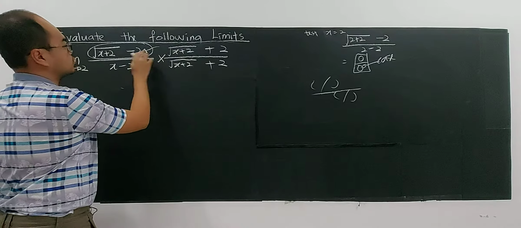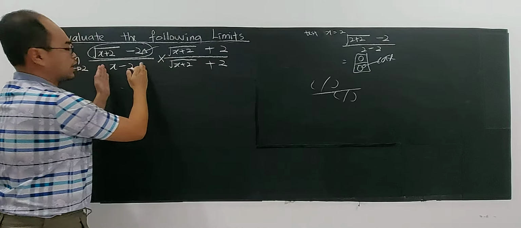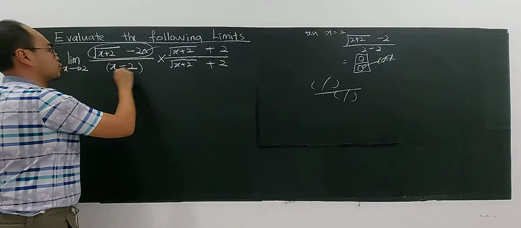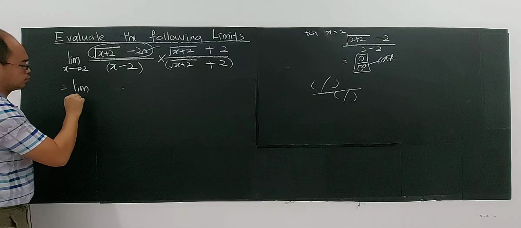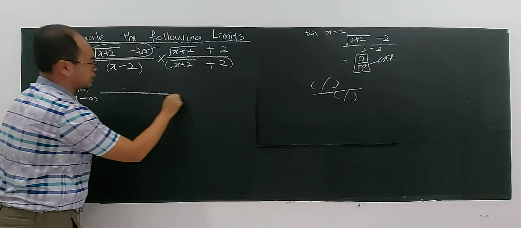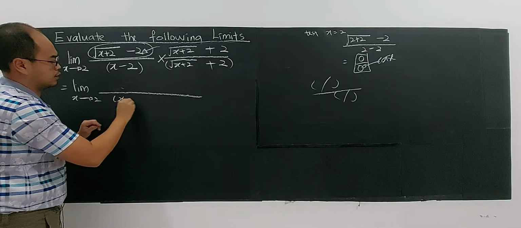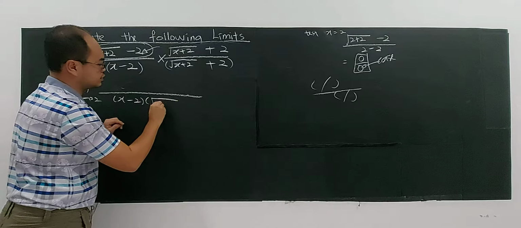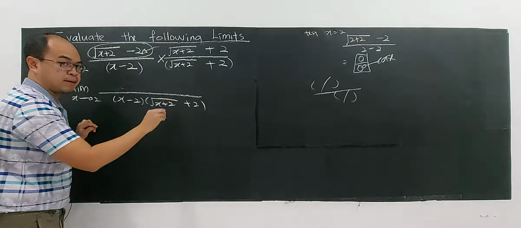So these 2 are one pair. They are a conjugate pair. These 2 are not a conjugate pair. So you just put them side by side, because these 2 are not a conjugate pair. You just leave them side by side without expanding.